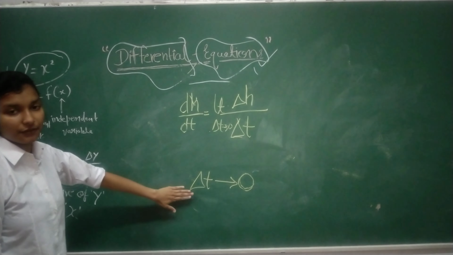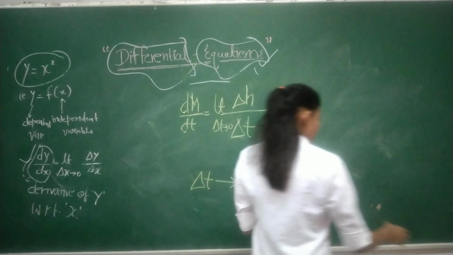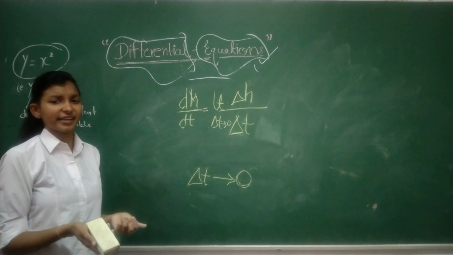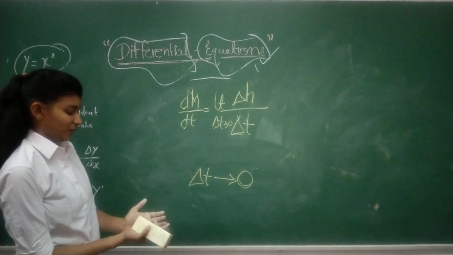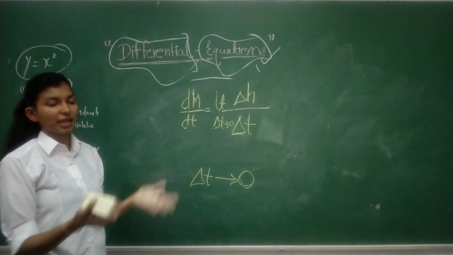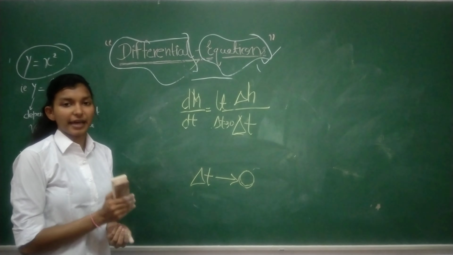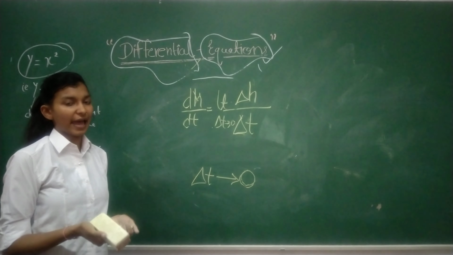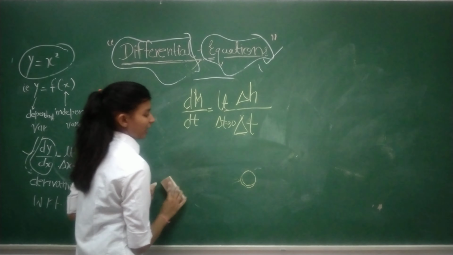This is the derivative, or differentiation. Now we can say that time is not the only factor which affects the height. There can be many more factors like the diet of the child, malnutrition, health issues, and many more.